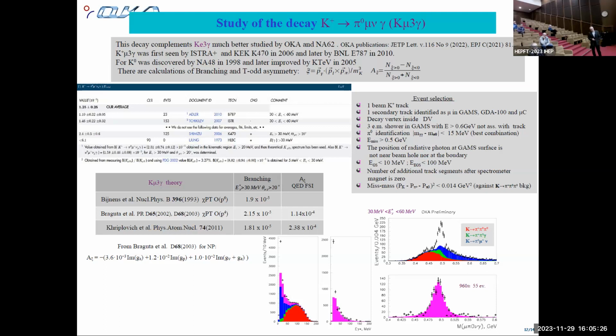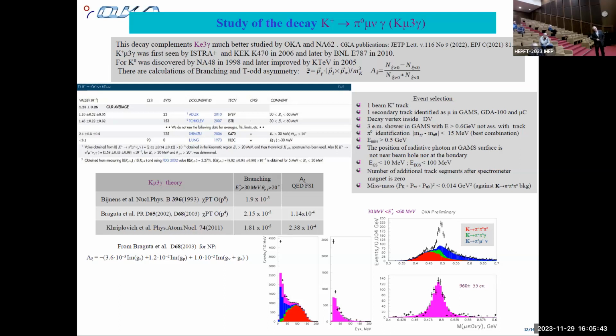So if you subtract background, you see this clear peak, which is in agreement with Monte Carlo, and we have around 1,000 events. So we significantly increase the statistics.